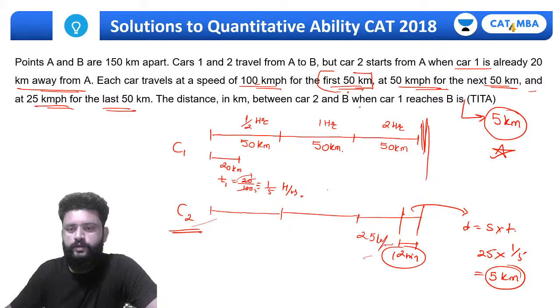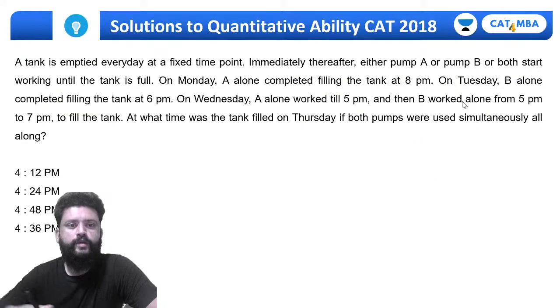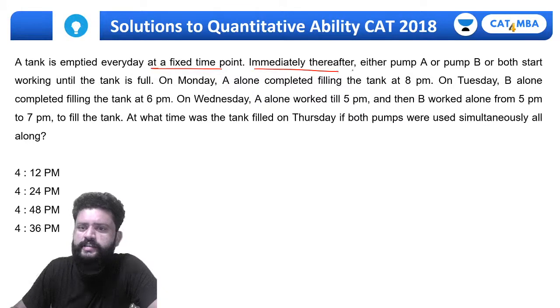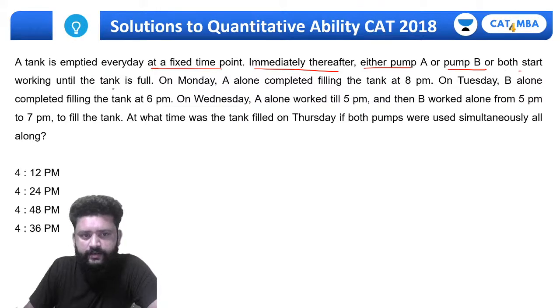Right. So let's move to the next question. Try for this. A tank is emptied every day at a fixed time. We don't know what that time is. Immediately thereafter, either pump A or pump B or both work until the tank is full. Okay.